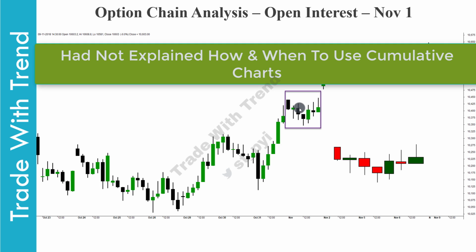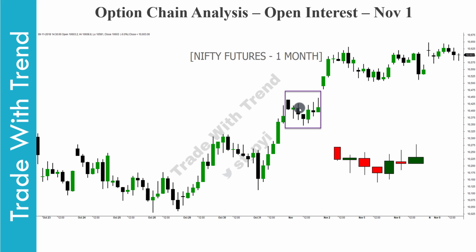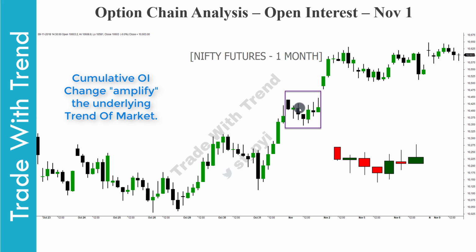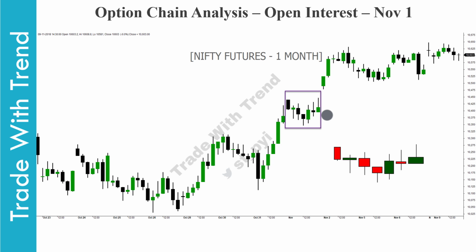The main reason to use cumulative charts is to see the underlying bias of the market while limiting the impact of single sessions on underlying market and its trend. This way, as a trader, you will not get influenced by one single session and you will always stay with the underlying trend. Let me show you how.